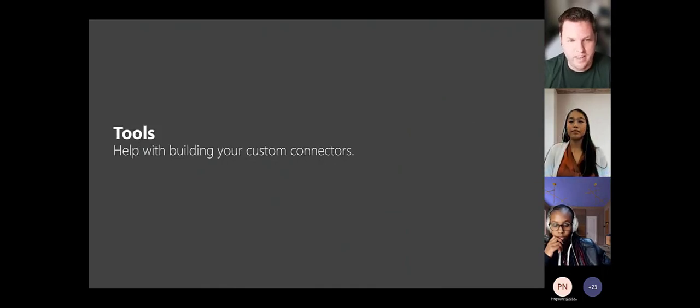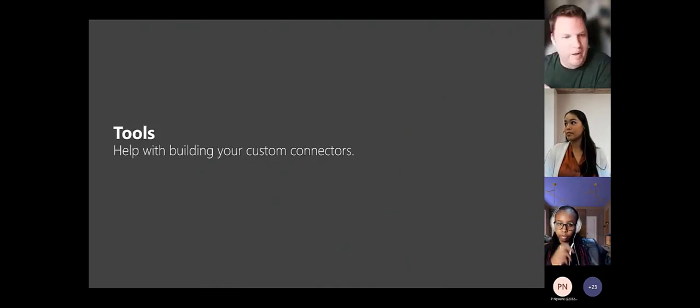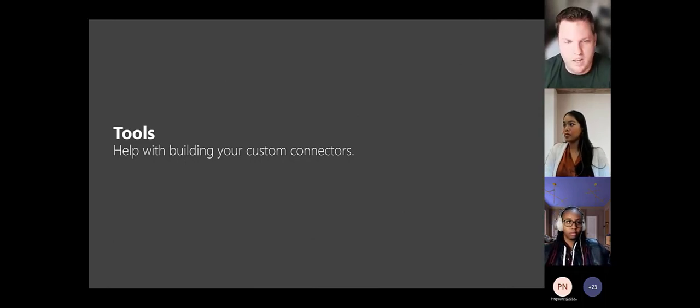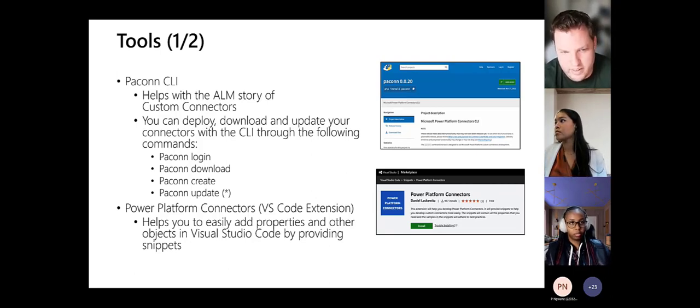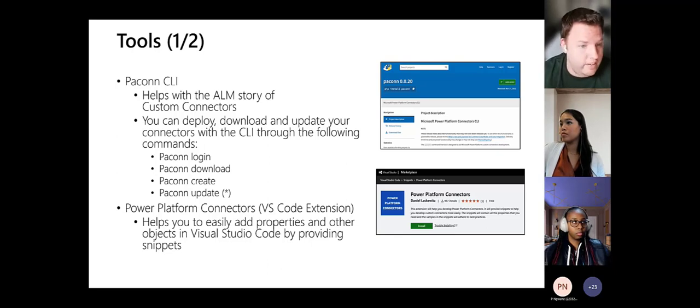Yeah, okay, great. Let's talk a short while about tools, which can help you with building custom connectors. The first one is the PACon CLI. That's the command line interface, which you can install on your PC, and then you can use that to download your connector locally, and then edit the connector, change around all the details there, and then update it again.